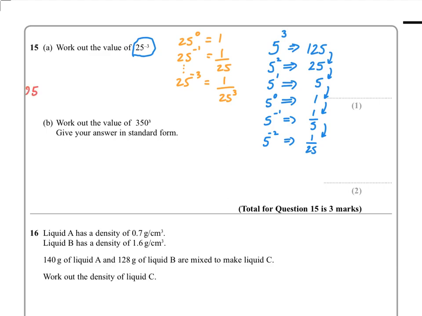So 25 times 25 times 25, well, that's going to be 5 times 5 times 5 times 5 times 5 times 5. And 5 cubed is 125.